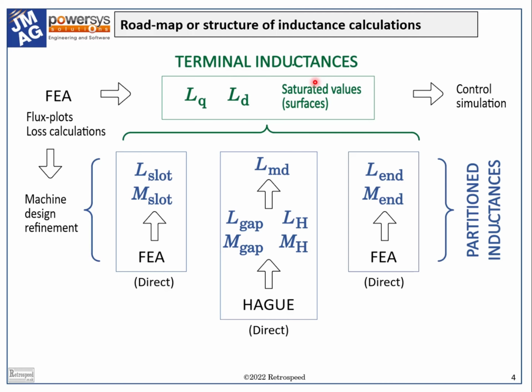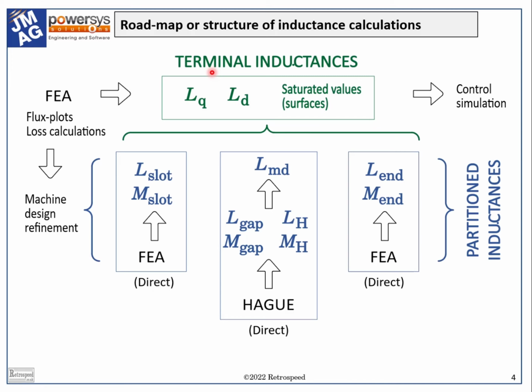A very important idea here is the recognition of 2 classes of inductance parameter, which we can see in slide 4, which is a kind of roadmap. At the top in green, we have the terminal inductances, so called because they can be measured at the terminals.